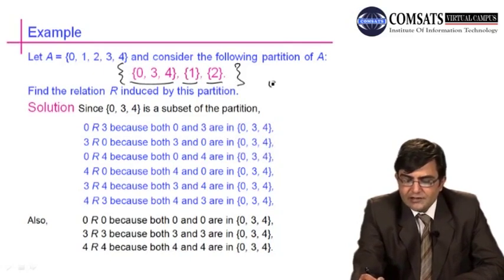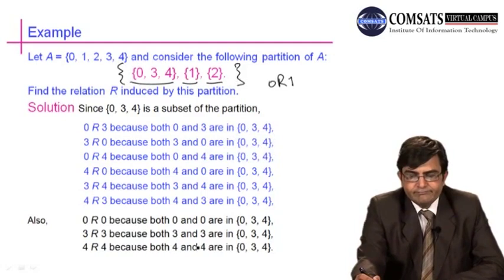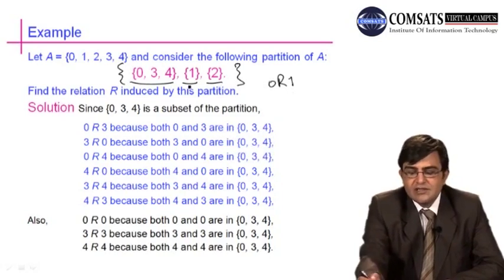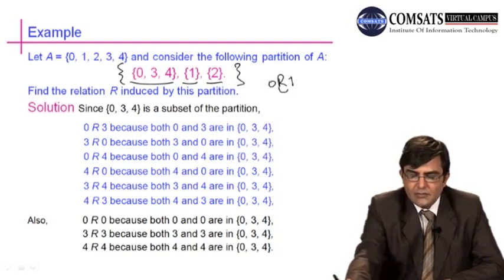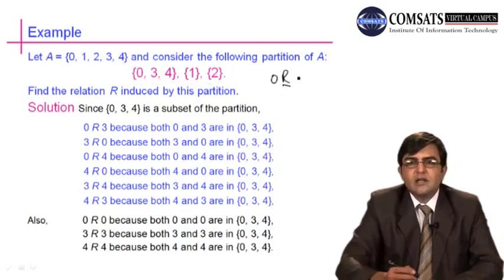If we want to check whether 0 is related to 1 or not, no, because 0 belongs to this set and 1 belongs to this set, because these two elements belong to different sets. So therefore we can say that 0 is not related to 1.